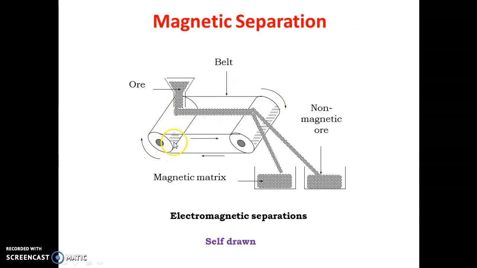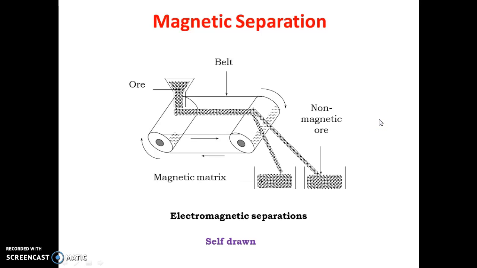One roller is non-magnetic and one roller is magnetic. The non-magnetic contents escape from the belt, and those which are magnetic in nature settle at the bottom of the magnetic roller. In this way we can separate the magnetic impurity as well as the non-magnetic impurity from the ore.